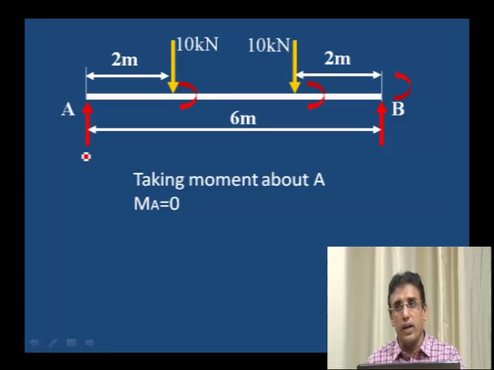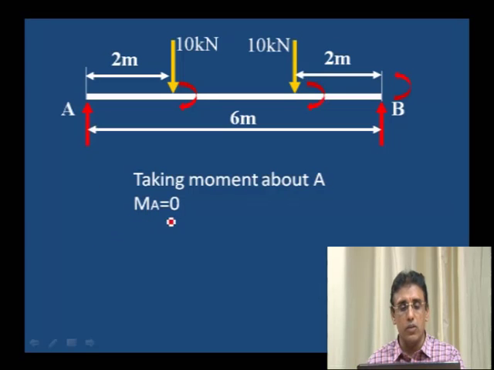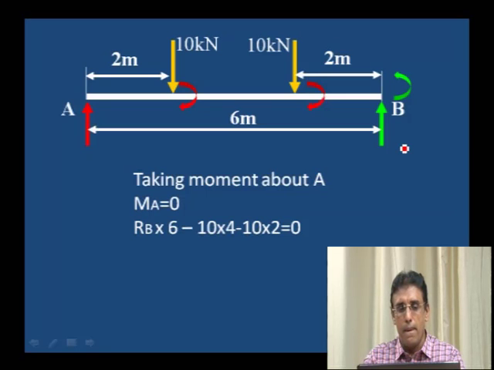First we have to calculate the support reactions. For calculating the support reactions, we have to take the moment about A. Moment about A, MA, is equal to 0. First reaction RB, that is an anti-clockwise moment, RB into 6, the distance from A to B is 6.